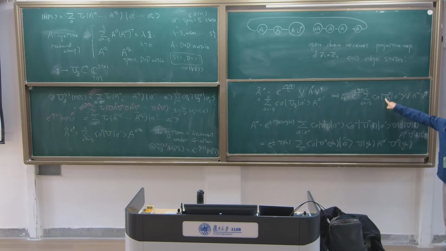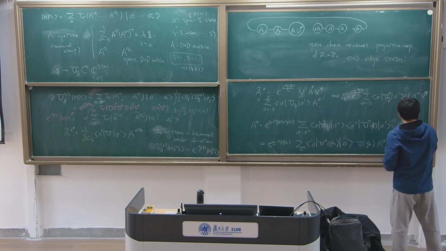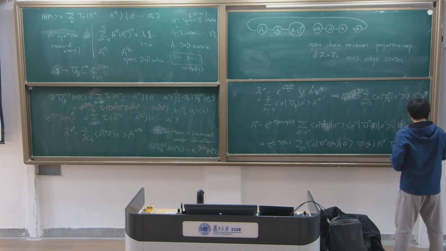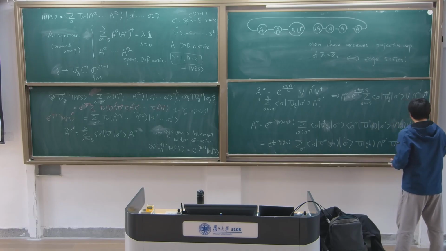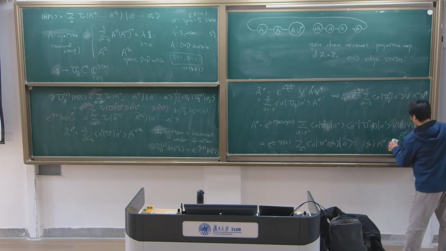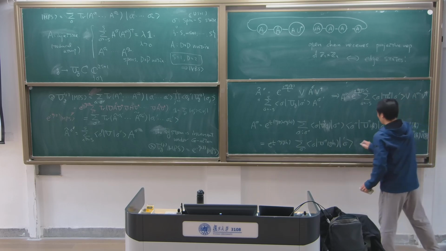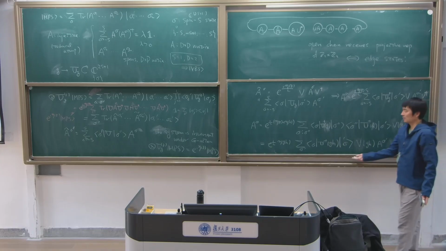So U is the action on sigma in the state. B is the matrix that acts on A. Okay, so it's a difference. Sorry about it.